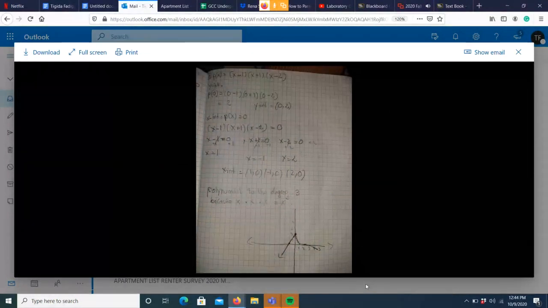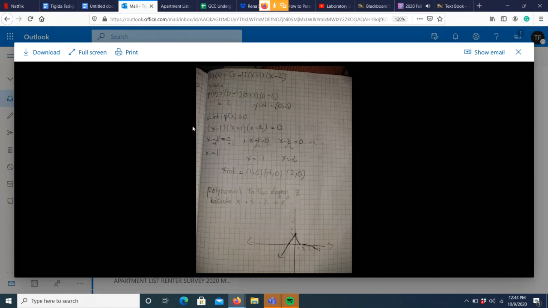So for question 16, it's P of x equal x minus 1, x plus 1, and x minus 2. What I did, I tried to find the y-intercept first. I plugged in 0 for every x value, and I ended up getting y equals 2. So the y-intercept is 0, comma 2.